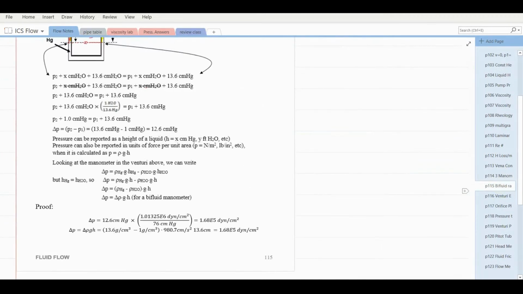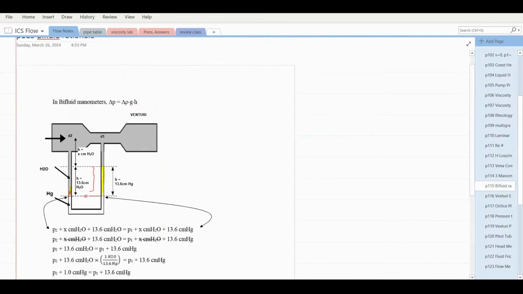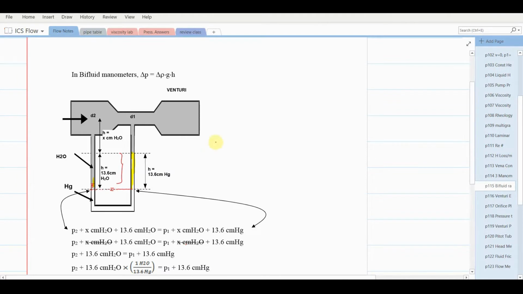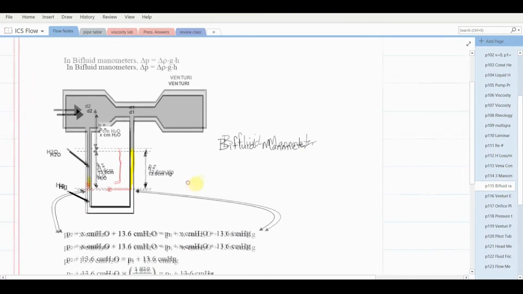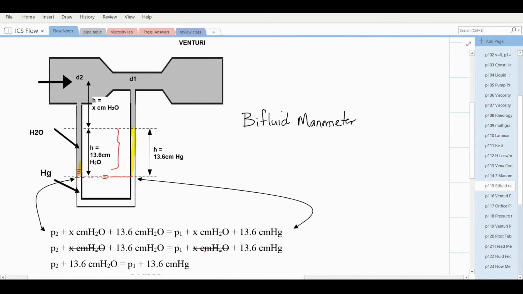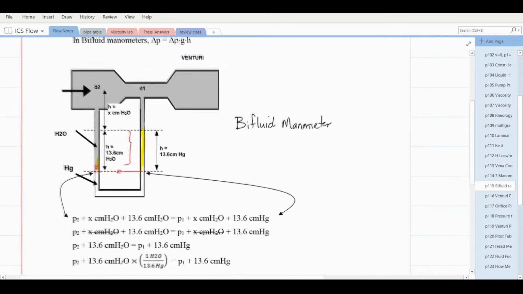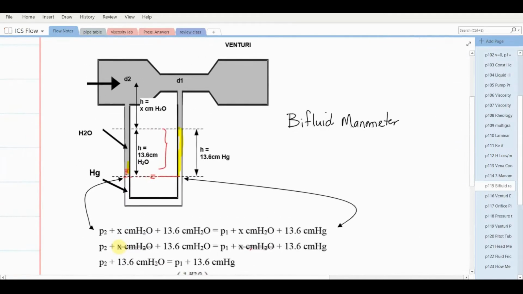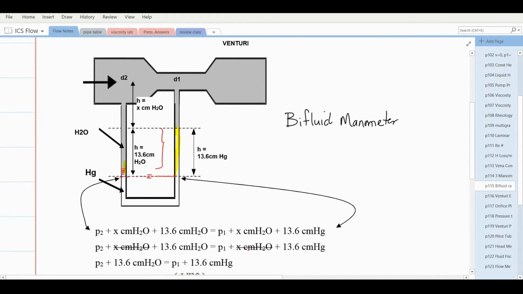On page 115, I'm going to try and prove to you that those formulas are correct. This arrangement is called a bifluid manometer. A bifluid manometer has two fluids in the manometer. Now, follow with me here on this derivation.